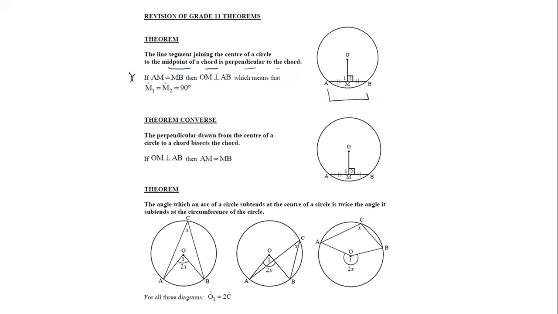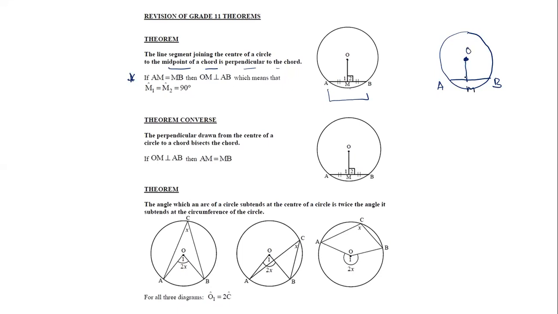Now, let's have a look at this point over here. They say to us, if you have a circle, right? And then you have the center, and therefore you have the chord. We will call this chord AB. And let's say this line from the center to the chord, let's call this line OM, right?